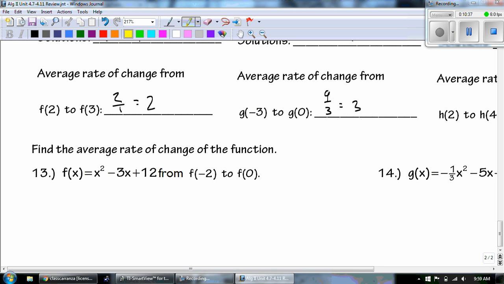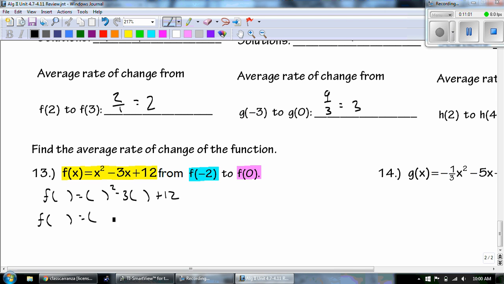So I've got my function right here, but then it wants to know what the average rate of change is between these 2 points. Okay, so what you need to do is find f of negative 2 and then find f of 0.